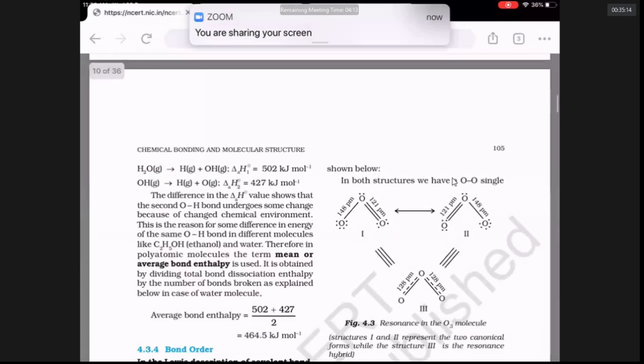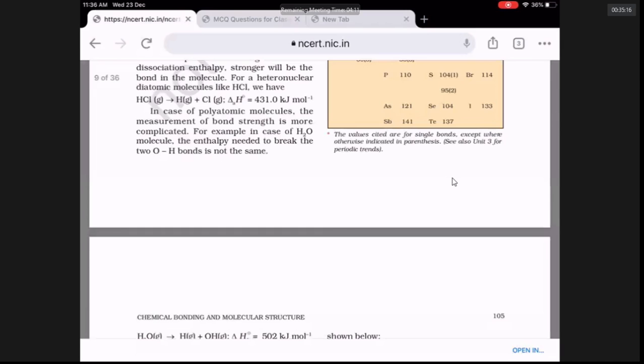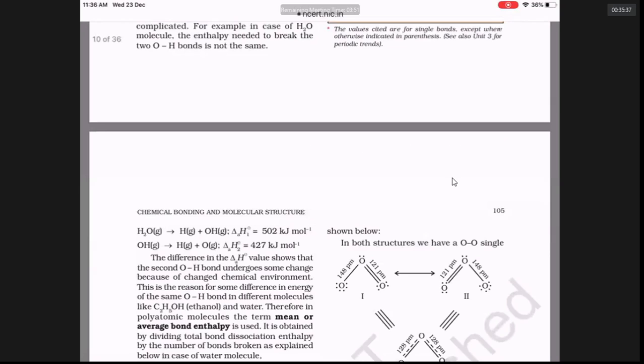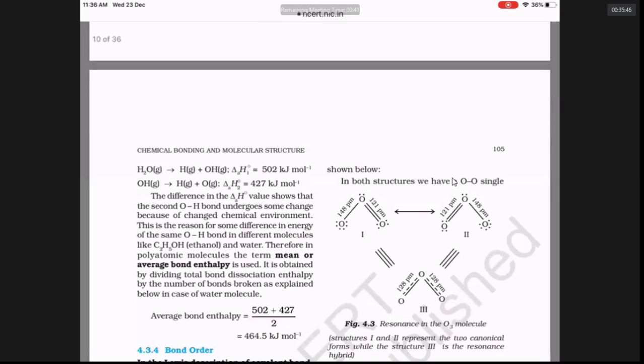What is bond enthalpy? The amount of energy required to break 1 mole of bonds in a diatomic molecule with one single bond. The energy required to break 1 mole of bonds existing in a homodiatomic molecule with single bond. If you take a molecule like water, the energy required to break the first OH bond may be different from the energy required to break the second OH bond.